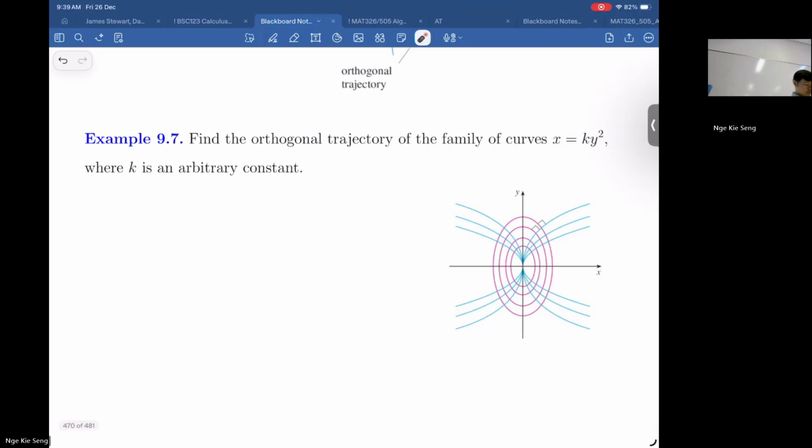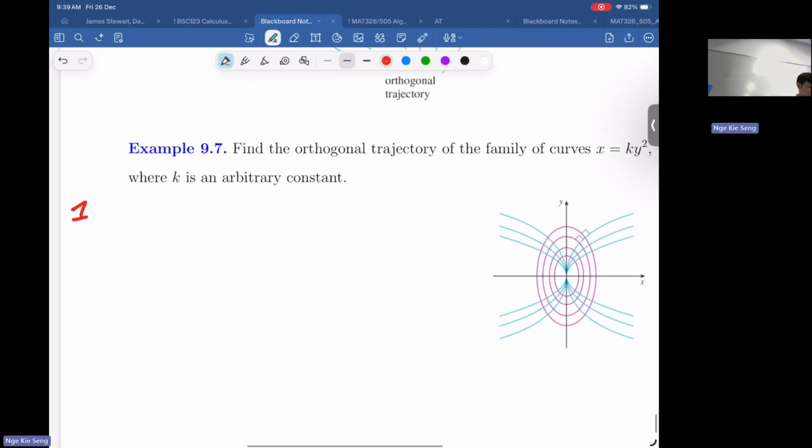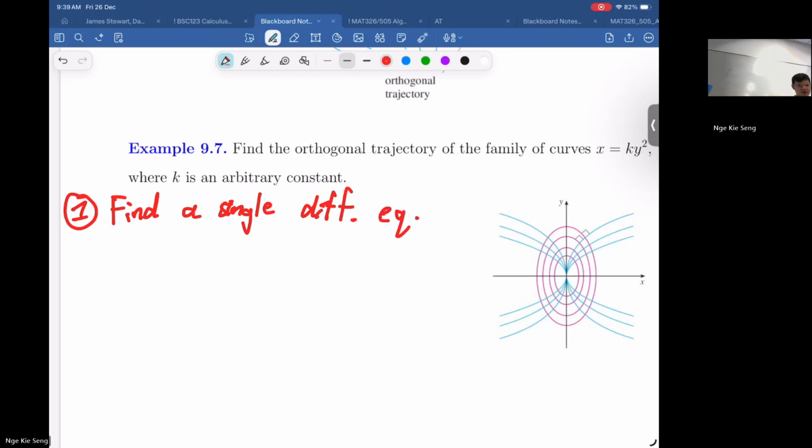So we need to find a family of gradients to figure out what curves they are orthogonal to. So let's find a single differential equation that is satisfied by all members in the family.